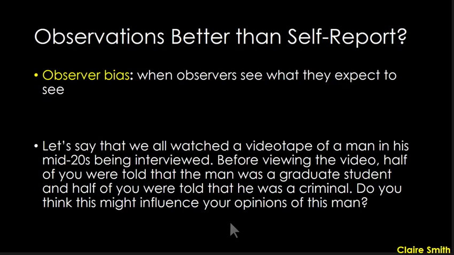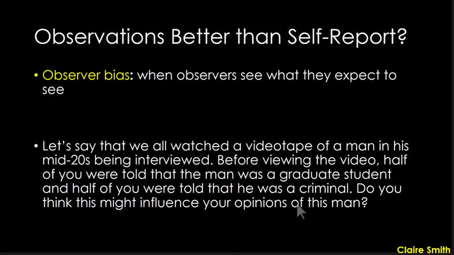So your own biases, the information that you have ahead of time, influences how you observe, and you see what you expect to see. If I told you the guy was a criminal, you might focus on some negative parts of the interview, whereas if he's a graduate student, you would focus on more positive parts of the interview.